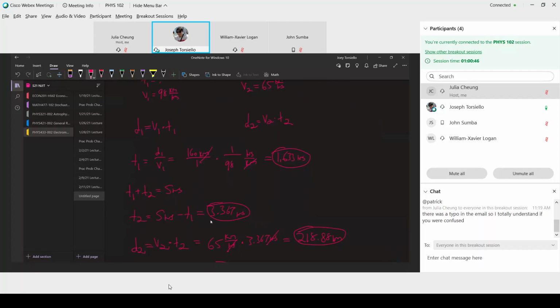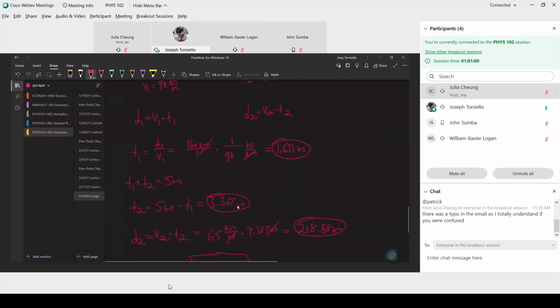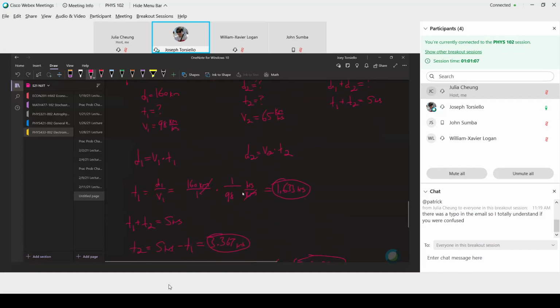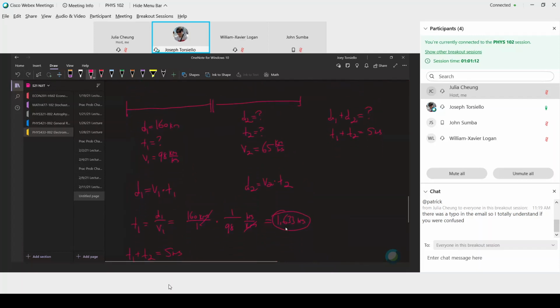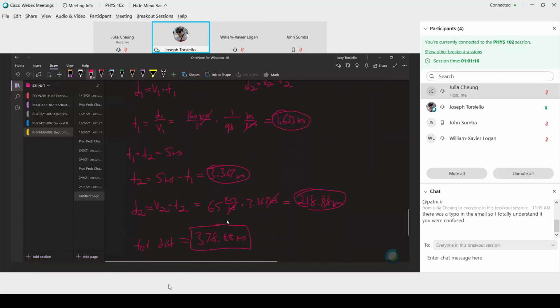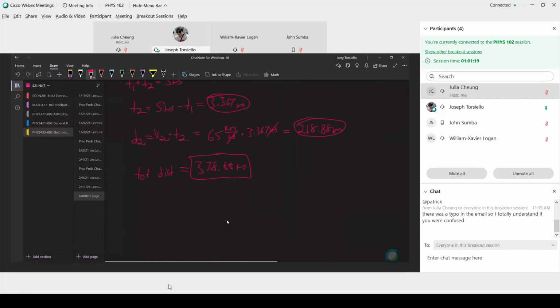The fact that you spent more time traveling at 65 kilometers per hour means the average speed is going to be closer to 65, because you spent more time going at that speed rather than the 98 kilometers per hour, since you only spent a measly 1.6 hours traveling at that speed. So I guess that's one way to explain why it's not just that.